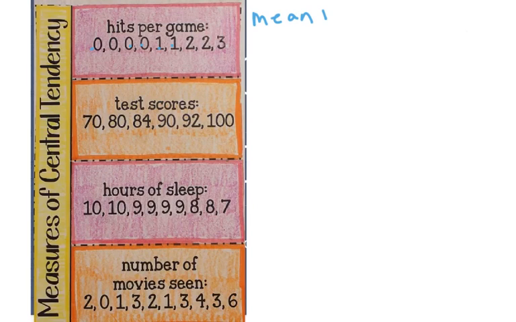Now, let's go with median. Well, median's pretty easy because they already have the data in line here from least to greatest, right? 0, 1, 2, 3. So I'm going to go smallest, largest, smallest, largest. Remember, median means middle. So I'm looking for the middle number here.